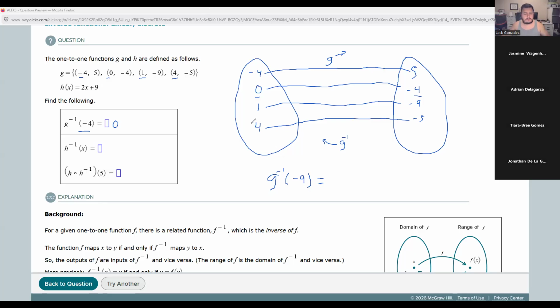It would be 1. And G of 1 would be going the other direction, so it would be -9.